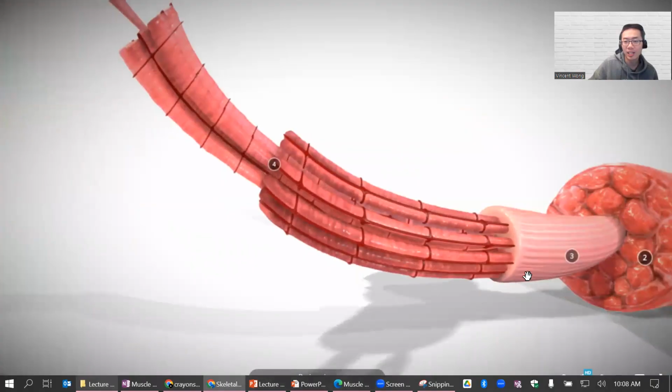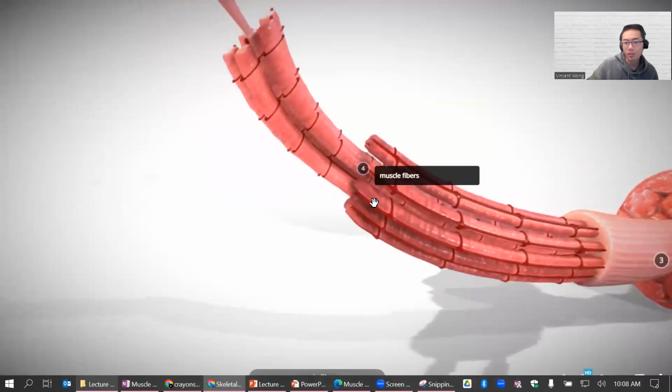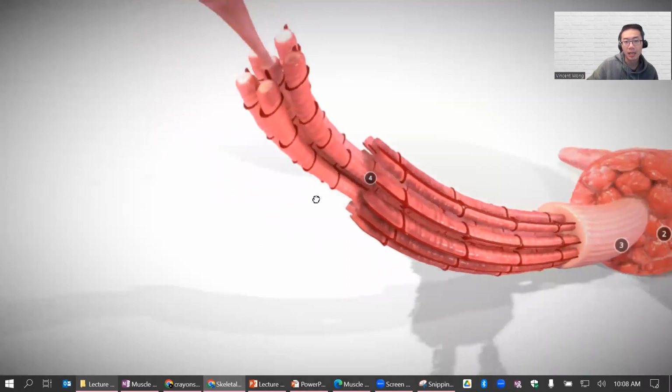Remember this is a fascicle, and inside the fascicle you would have the individual muscle fibers, muscle cells. So that's a muscle cell, that's another muscle cell. And each muscle cell is surrounded by the endomysium, which I don't think is shown here. It's just telling you this is a muscle fiber.